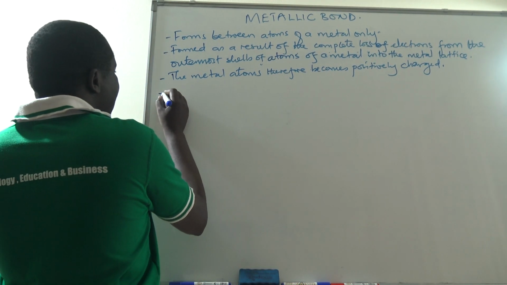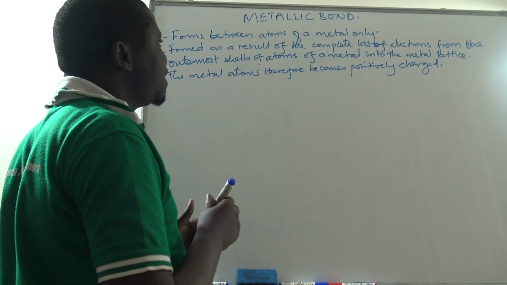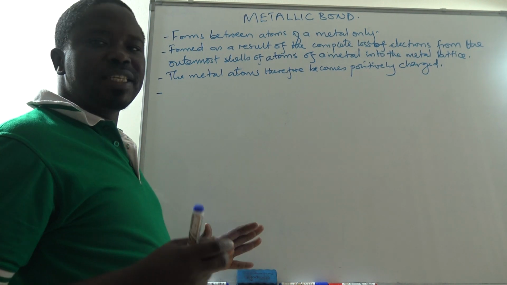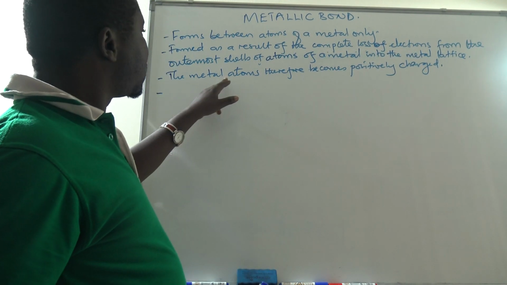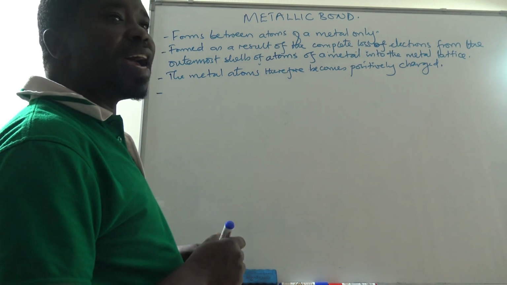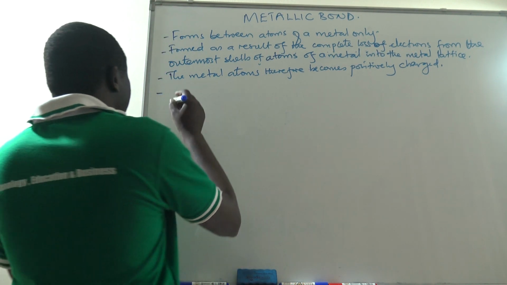So next is that since the electrons which are lost and are within the metal lattice are negatively charged, and the metal atoms are now positively charged, they develop attractive forces.